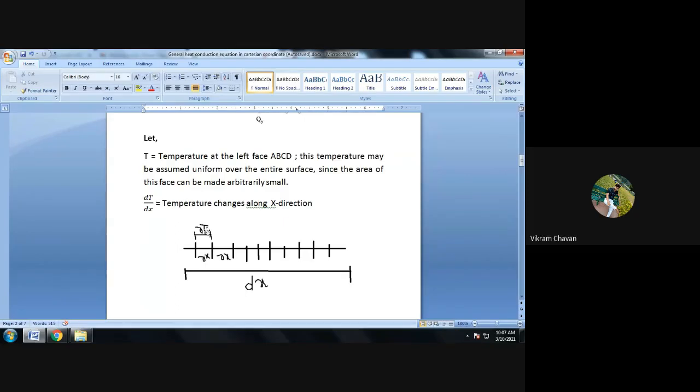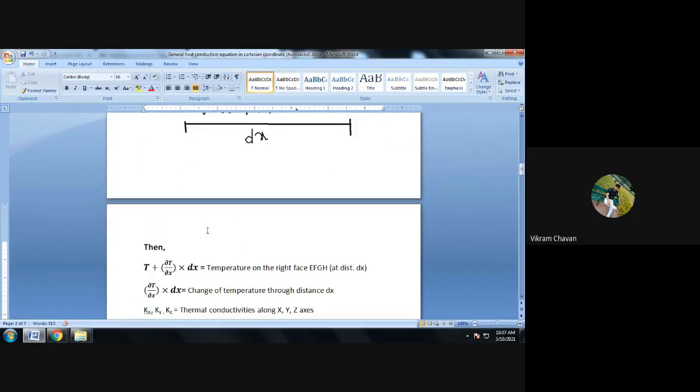Now we have to determine the total temperature change at a distance dx. The initial temperature is T: the ABCD face is maintained at T degree Celsius, and we have to find out how much change happens in that temperature.